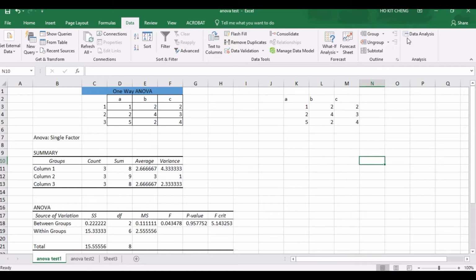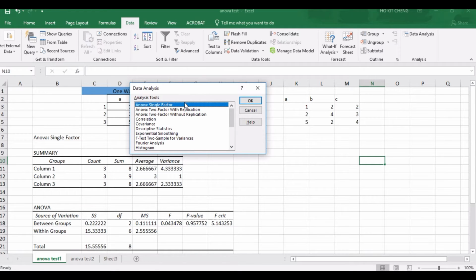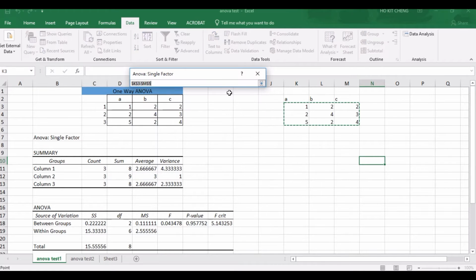After that, we can choose Data Analysis for us to analyze and figure out the one-way Anova table. After pressing Data Analysis, we choose Anova: Single Factor here and press OK. The input range is from K3 to M5.